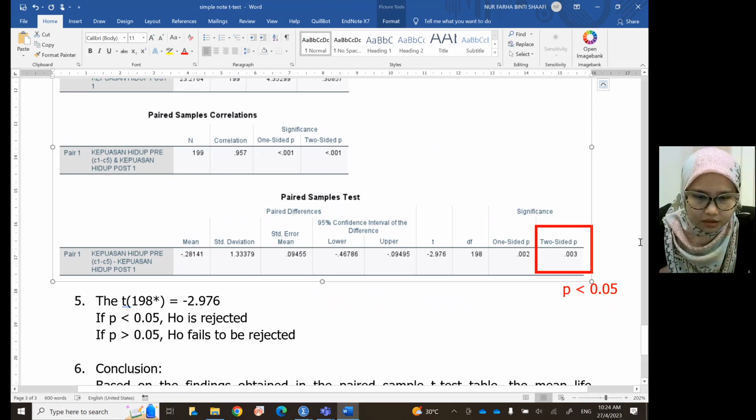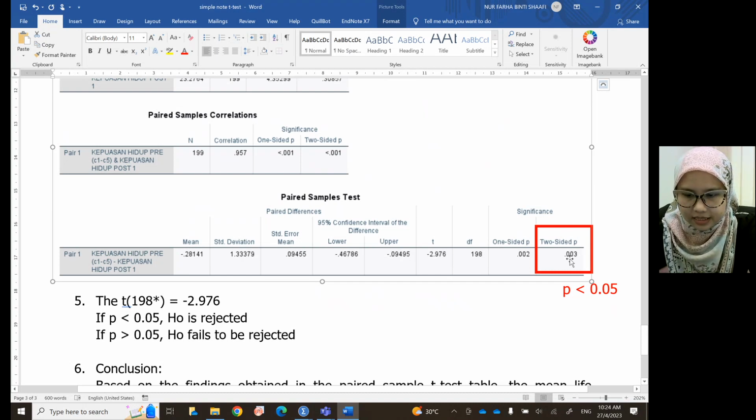For the paired sample t-test, your t-value is negative 2.976 here. But look at your significance value at two-sided p.